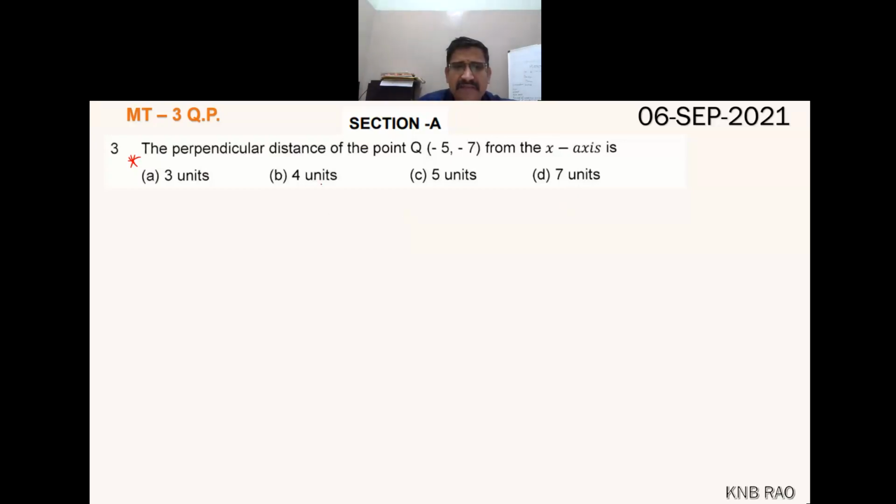MCQ type questions I discussed from the exemplar. This is a very simple and very important question. The perpendicular distance from a point Q. Here, this Q lies in the third quadrant. I have -5 and -7, so somewhere this point lies here.